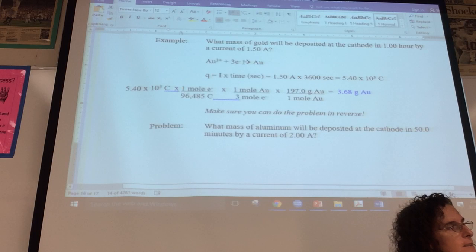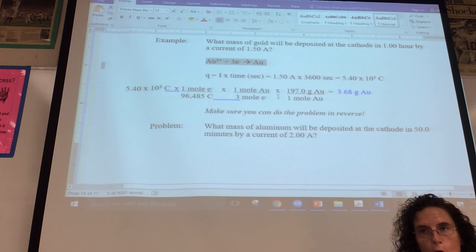It says what mass of gold will be deposited at the cathode in 1 hour by a current of 1.50 amps. This equation would have to be given because you don't know what the charge of gold is. Gold has a variable charge. It's a transition metal.